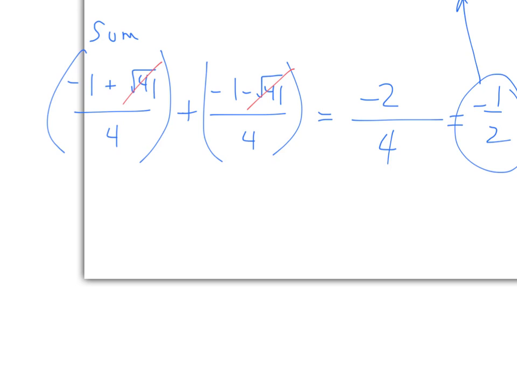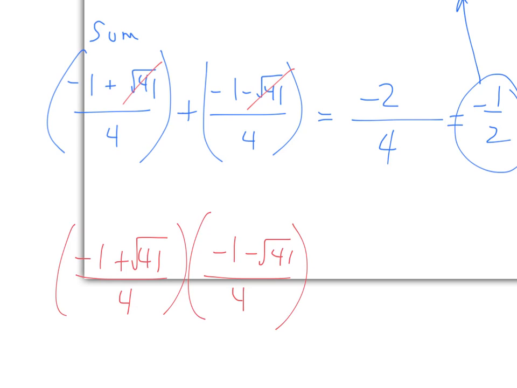The product of roots, what's going to happen? Why is it that the fact that it's binomial conjugates makes it simple? The middle terms cancel here. So you start by foiling, but you don't have to worry about the middle terms. So negative 1 times negative 1 is going to be positive 1.